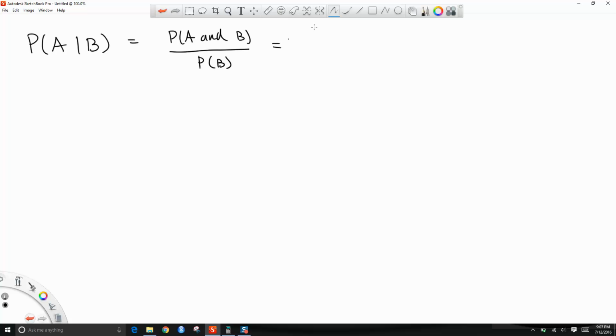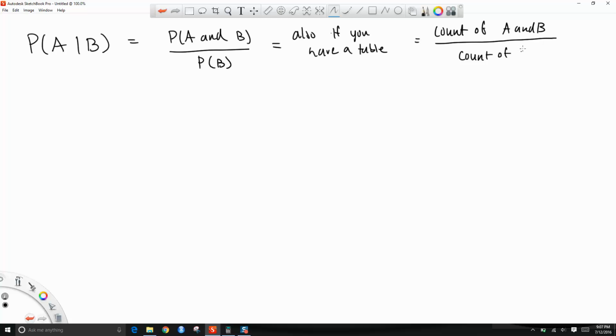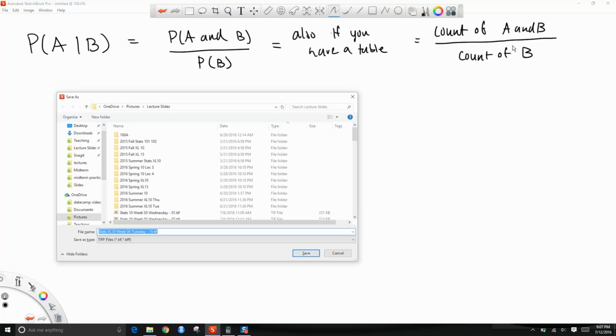Or conversely, if you have a table, it can just be the count of A and B divided by the count of B, which is what we had been doing because we had the table.